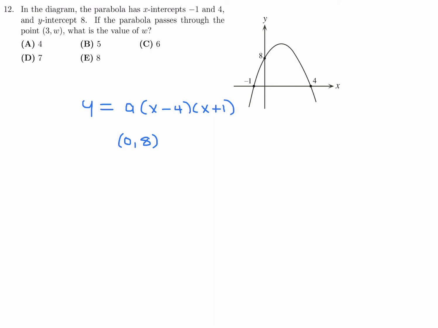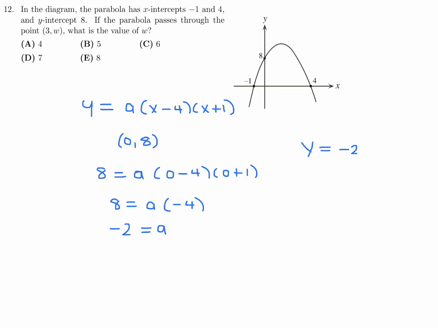So substitute it in, 8 for y, and you get a, 0 minus 4, and 0 plus 1. And that means 8 is equal to a times -4 times 1, -4, and therefore a is -2. So very quickly, we've got our equation. It's -2 times x minus 4 times x plus 1. And now they've given me this point (3, w), and they're saying that it's on the parabola.